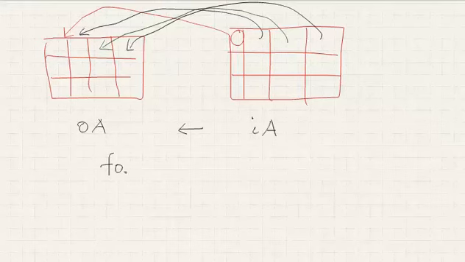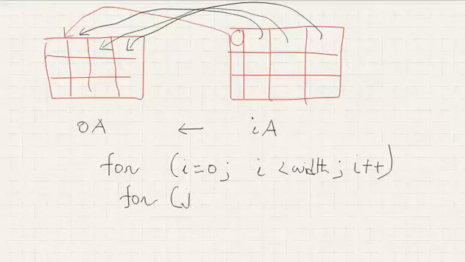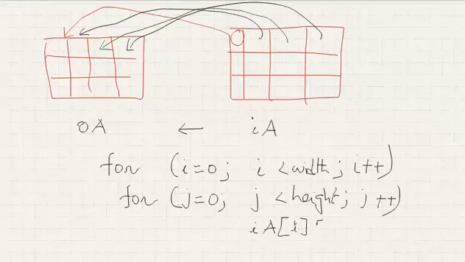How do I do it? In a for loop. i equal to 0, i less than width, i plus plus, for j equal to 0, j less than height, j plus plus, input array, it's a 2D, right?